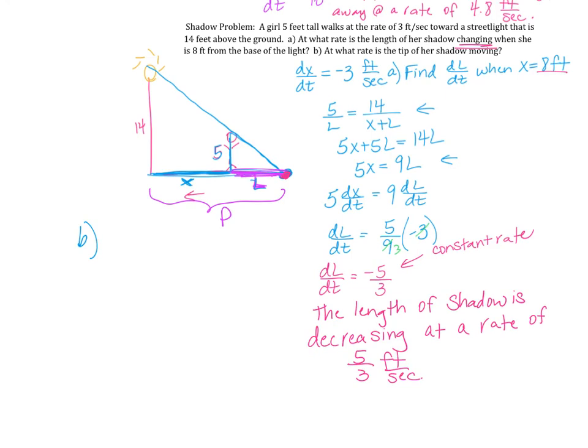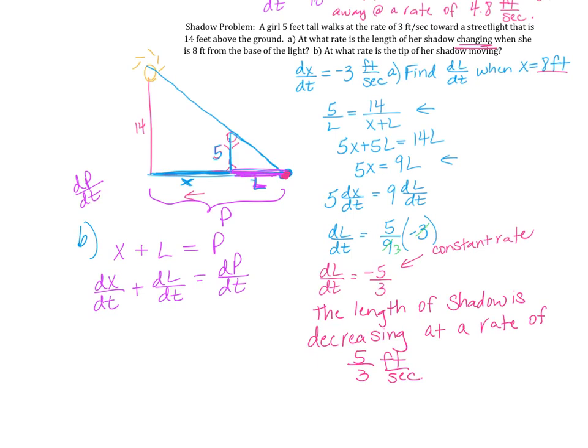Okay, anyway, so here's the deal. Look at the relating equation: x plus L is equal to P. Now what you are looking for in part B is dP/dt. Well gosh, that's a pretty easy equation. The derivative would be even easier. dx/dt plus dL/dt is equal to dP/dt.